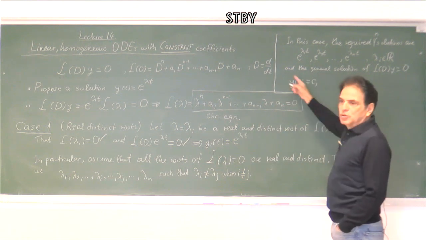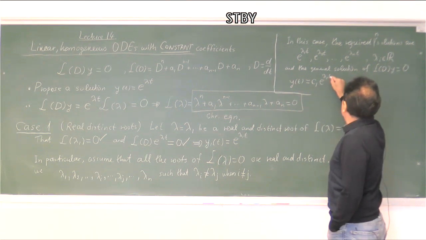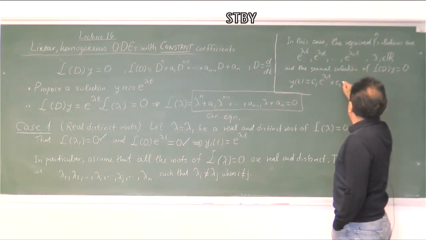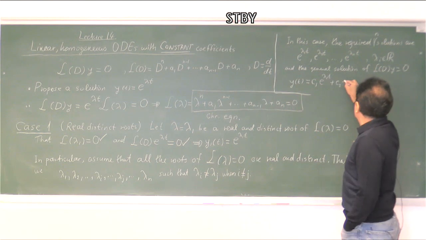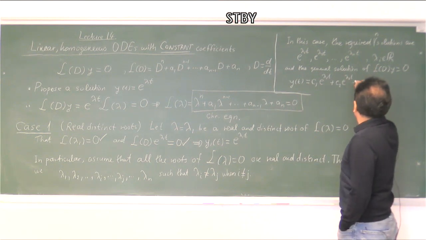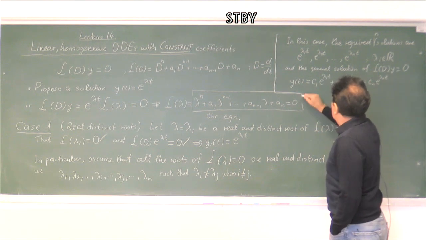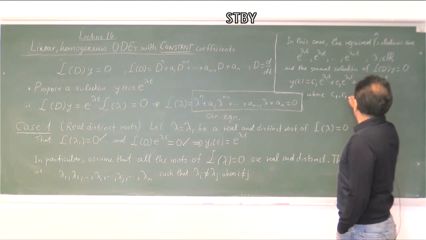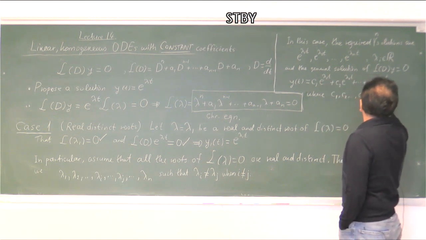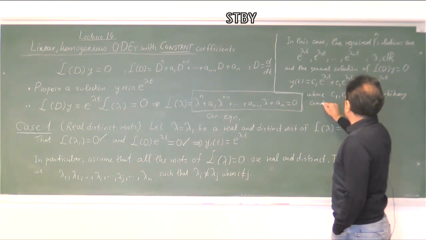So we introduce the linear combination constants C1, C2, ..., Cn, where C1, C2, ..., Cn are arbitrary.